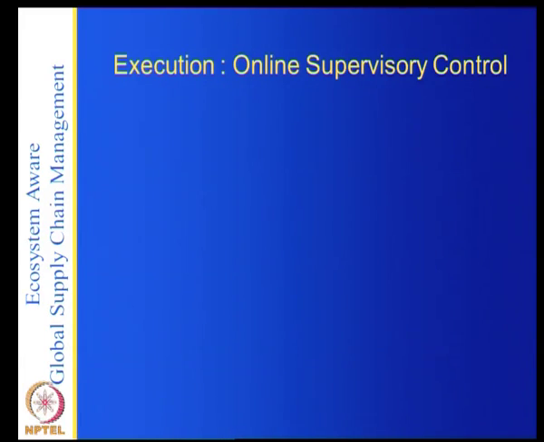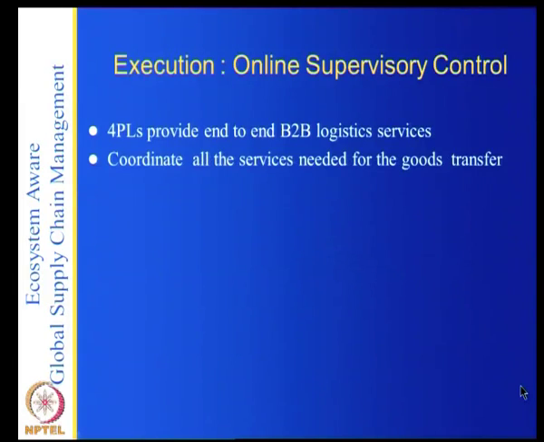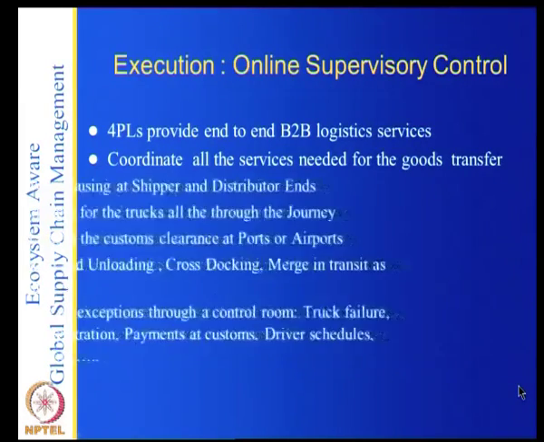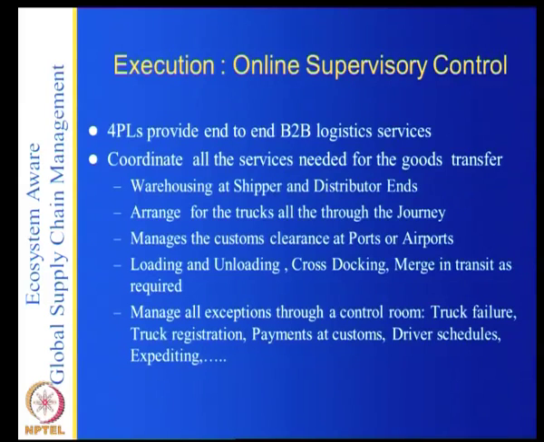And execution, or online supervisory control, is, for example, if you take fourth party logistics providers who are basically managing the end-to-end B2B logistics, they coordinate all services needed for goods transfer, and warehouse at shipper and distributor ends, arrange the trucks for all through the journey, manage the customs clearance at ports or airports, loading and unloading, cross-docking, merchant transit as required, manage all exceptions through a control room: truck failure, truck registration, payments at customs, driver schedules, expediting, etc. So, execution, for example, is the prime function of a logistics provider.